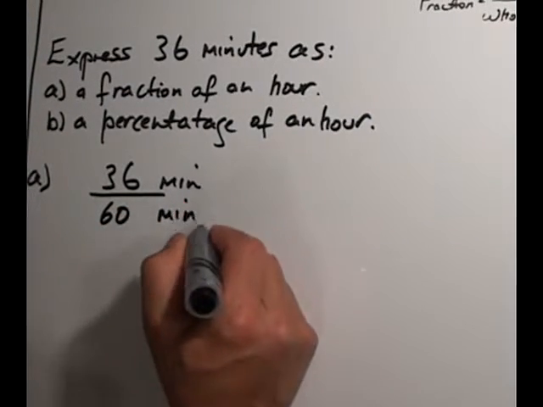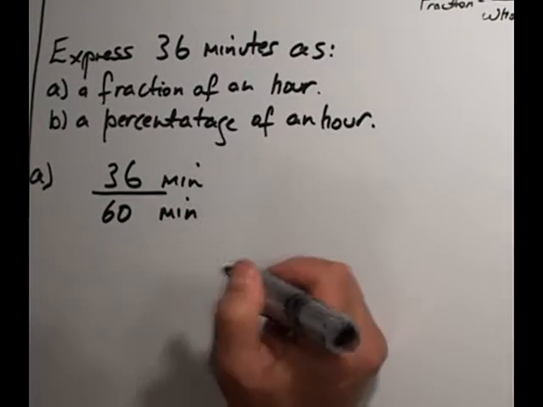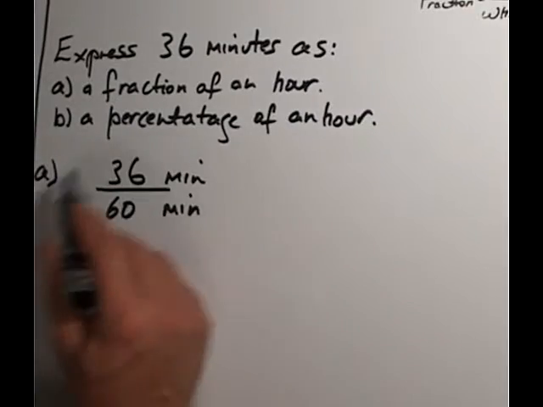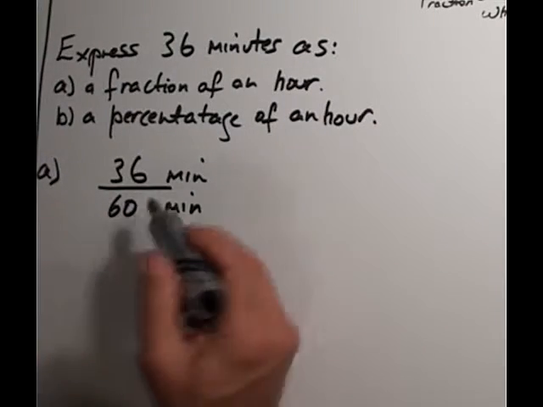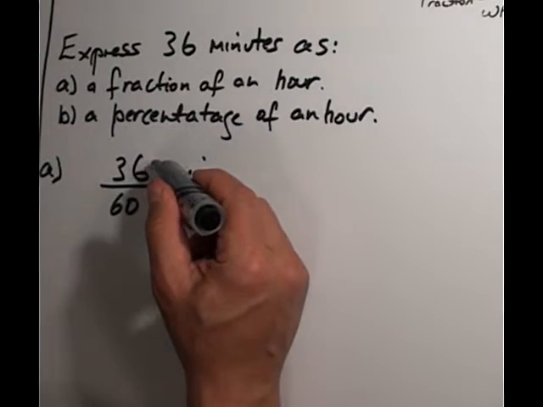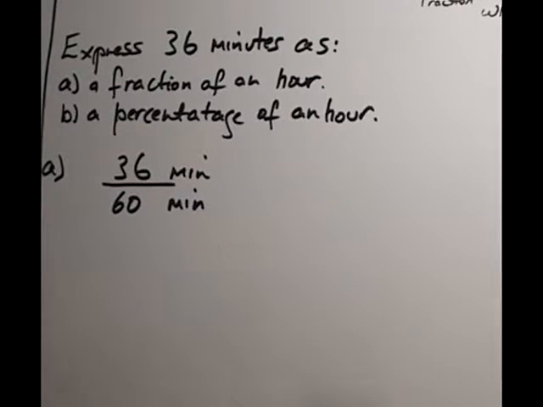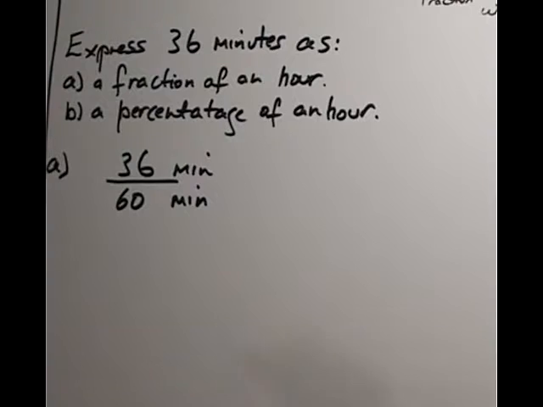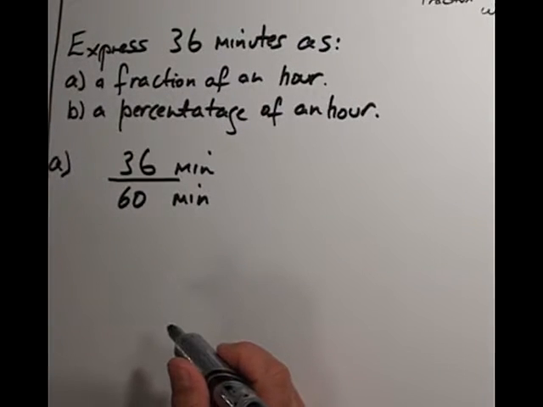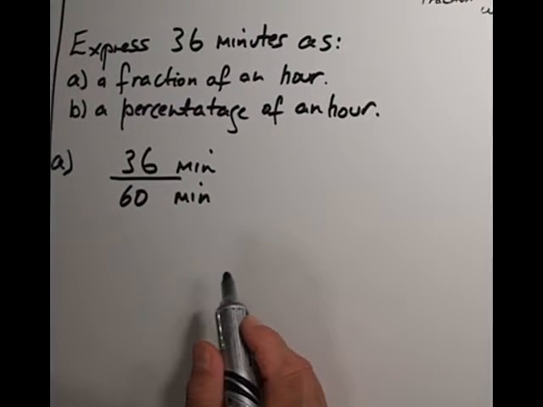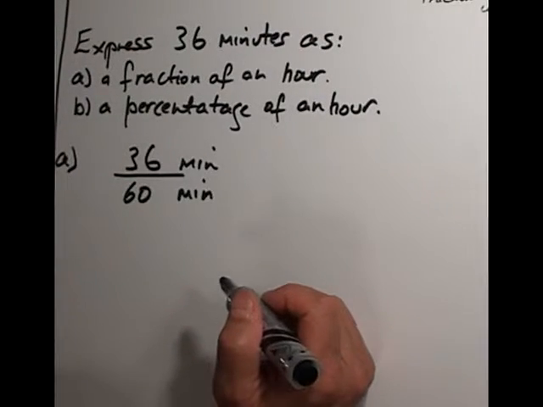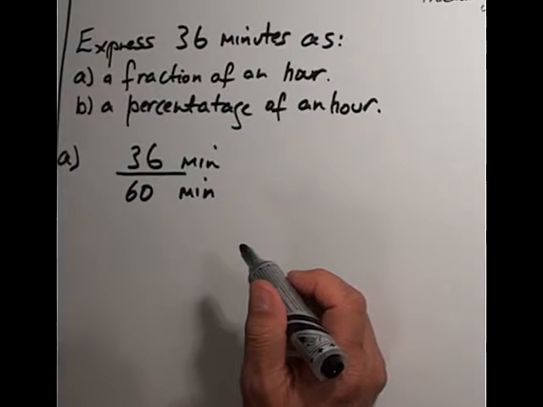Now I've got both units on the top and the bottom the same. So I can now continue to simplify this fraction. I'm looking for a number that goes into both the top and the bottom. Sometimes it's not so obvious straight away, so you go with what you can do that's easiest. For me, I can put that in the calculator and find out what it is straight away.